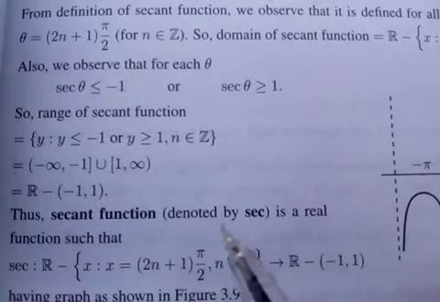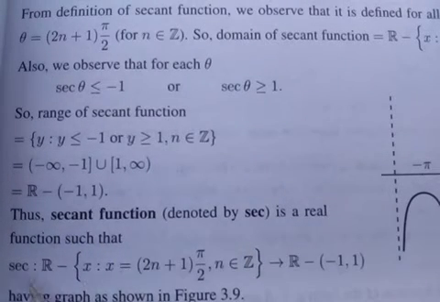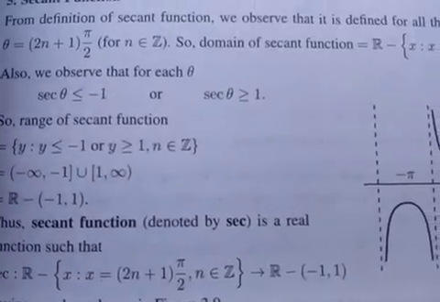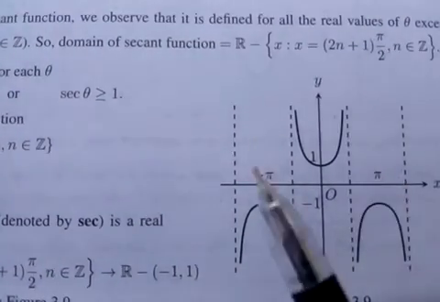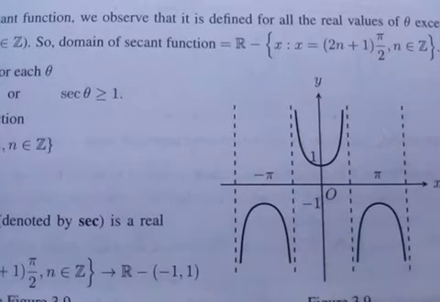Thus the secant function is a real function such that sec: R minus {x : x = (2n+1)π/2, where n belongs to Z} tends to R minus (minus 1, plus 1). Graph of the secant function we can draw between minus π to plus π.